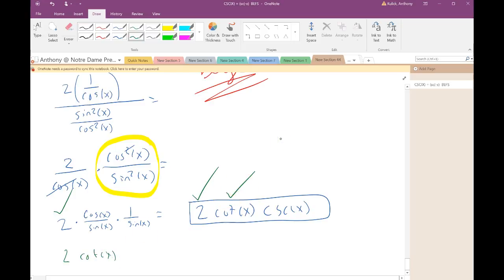Got that. Check. And 1 over sine, what is that? Cosecant. Check. So we do have exactly what I needed. It was just a question of pulling apart what was there. Is that okay with you guys?